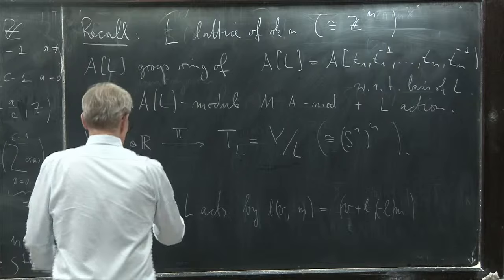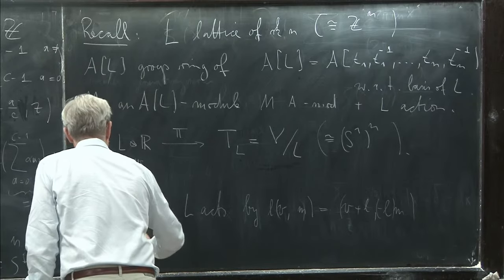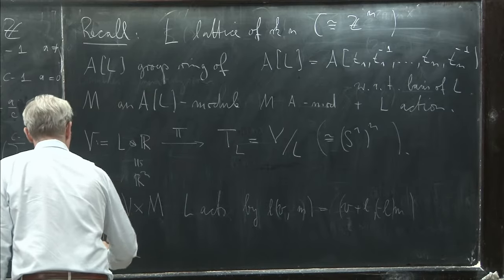Then I can simply quotient out this L action, and I call this M tilde.